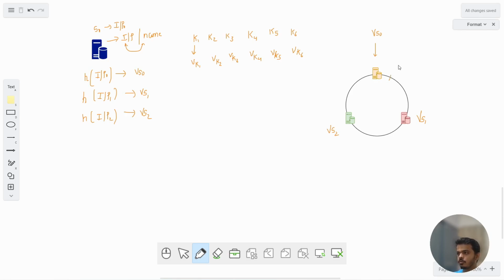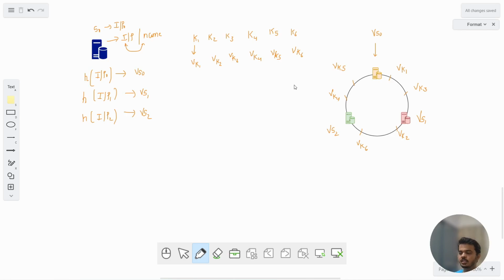So vk1 gets mapped here, vk2 gets mapped here, vk3 gets mapped here. So this is how the keys are going to be mapped onto the ring using our hash function. There are multiple slots, and based on the slots they get mapped onto the ring in this way.